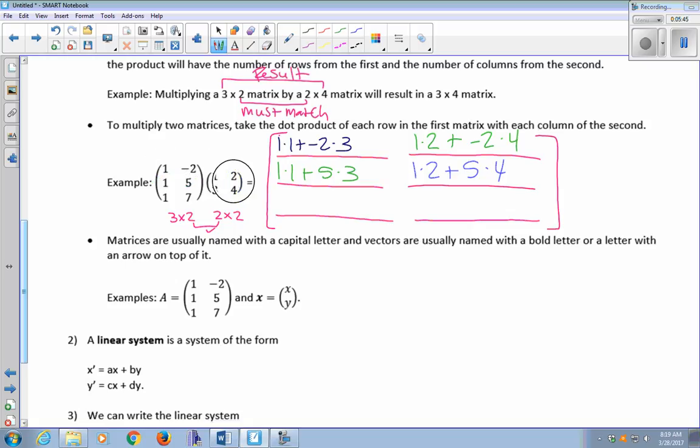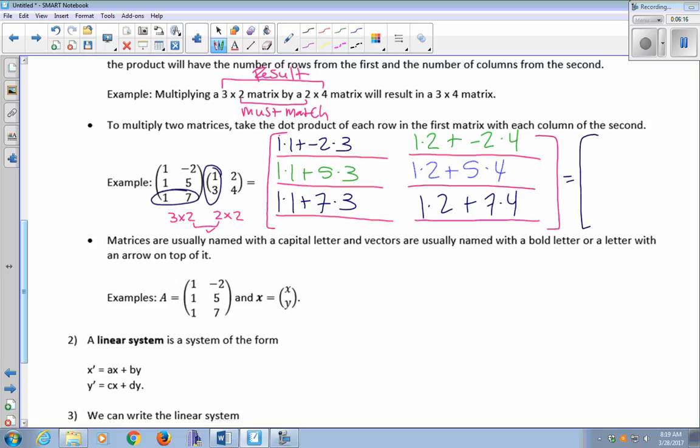All right, so now I've multiplied row 2 times each column of the second matrix. So I'm going to move on to the third row. Third row times the first column. The answer is going to go in row 3, column 1. So it's going to be 1 times 1 plus 7 times 3. And then my row 1, 7 times my column 2, 4. And I have 1 times 2 plus 7 times 4.